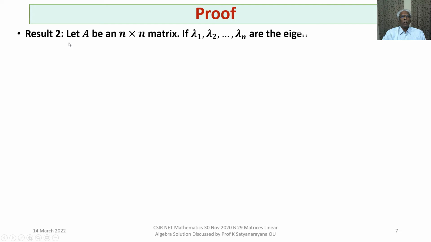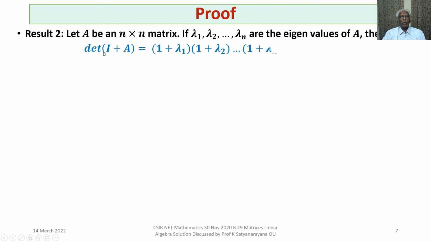Result 2. Let A be an n by n matrix. If lambda 1, lambda 2, up to lambda n are eigenvalues of A, then determinant of I plus A is equal to 1 plus lambda 1 multiplied by 1 plus lambda 2 multiplied by and so on up to 1 plus lambda n.